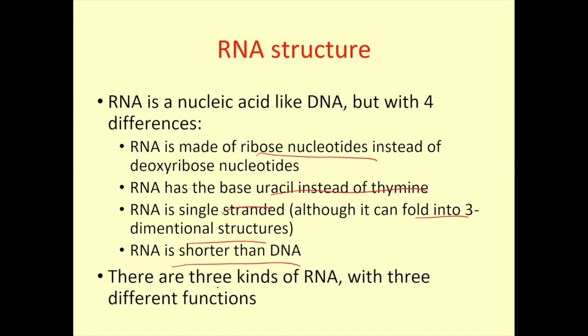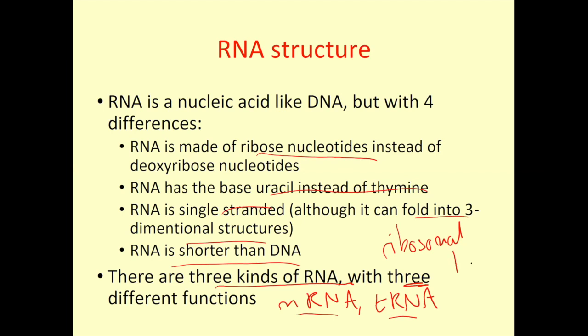And there are three kinds. Three? We've probably only come across two, really. mRNA. I don't think the third one is particularly on your syllabus anymore. So mRNA and tRNA are the two you want. There's also something called ribosomal RNA, which you don't need to know a great deal about, but the clue's in the name.